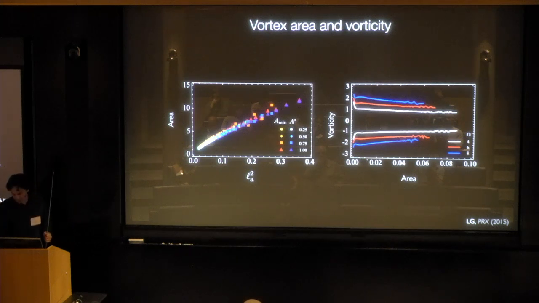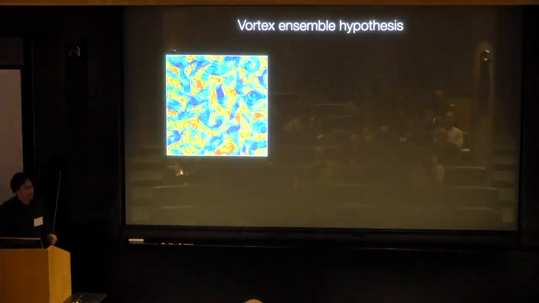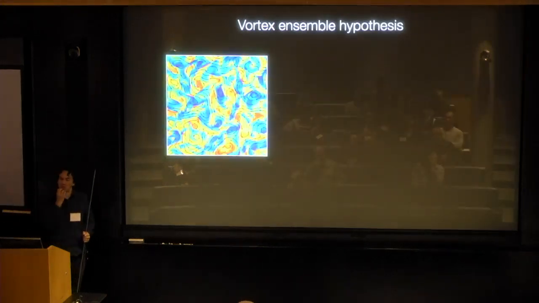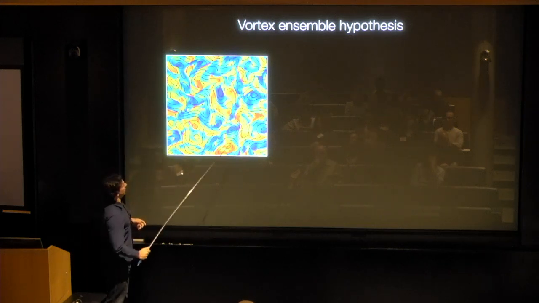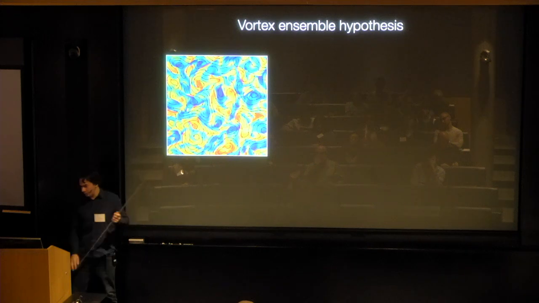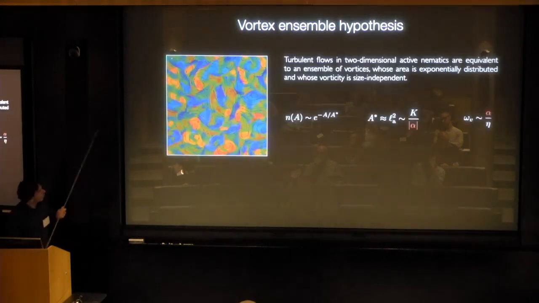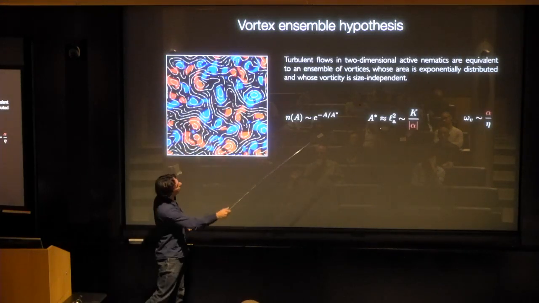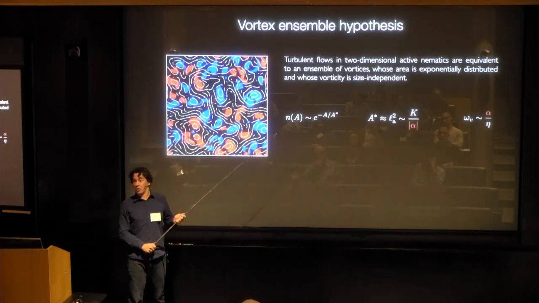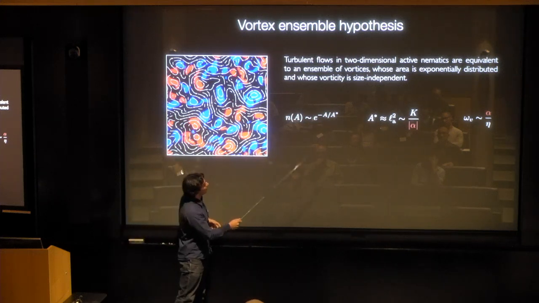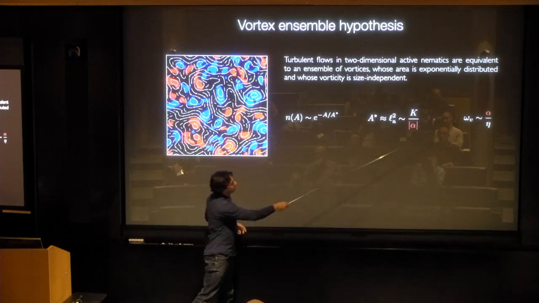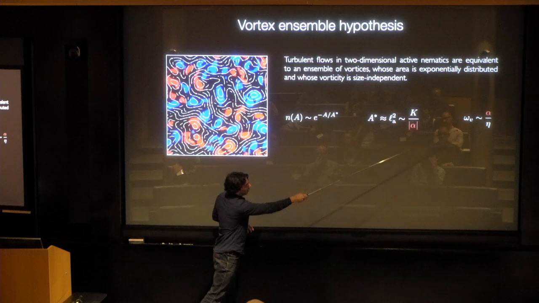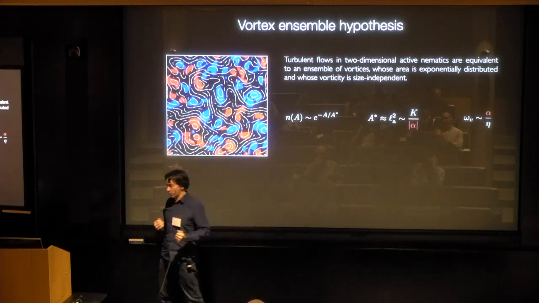We can use this numerical evidence and this bit of intuition in order to construct some kind of ensemble of vortices. So if you want to make progress, rather than looking at the flow in the traditional way, what we can do is to imagine that such a flow consists of an ensemble of vortices whose area is exponentially distributed, whose average area is proportional to k over alpha, and whose vorticity is independent of the area, roughly proportional to alpha over the shear viscosity.